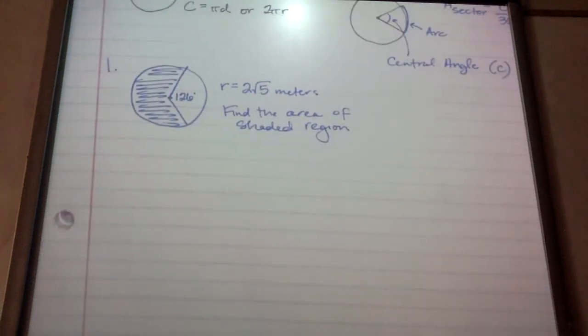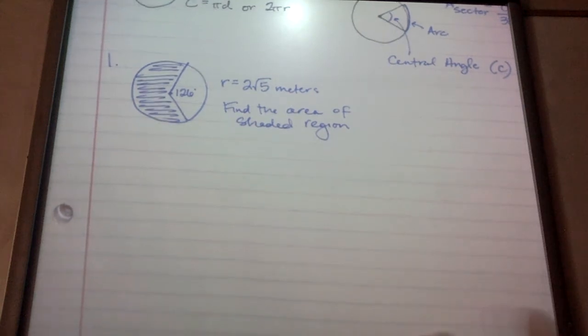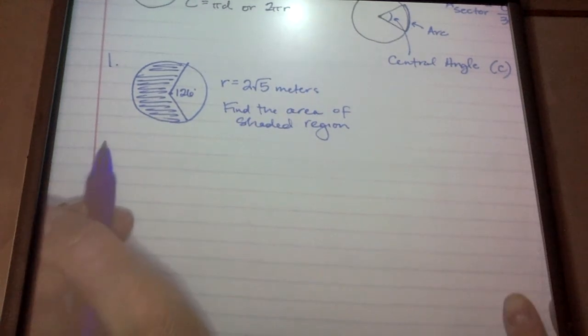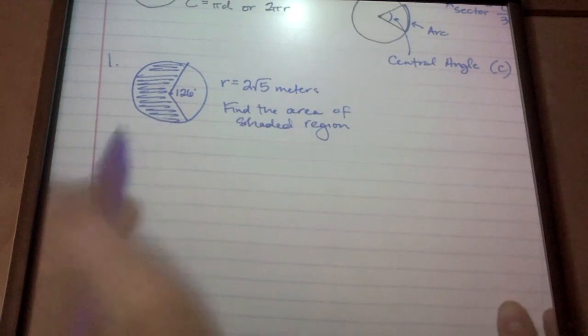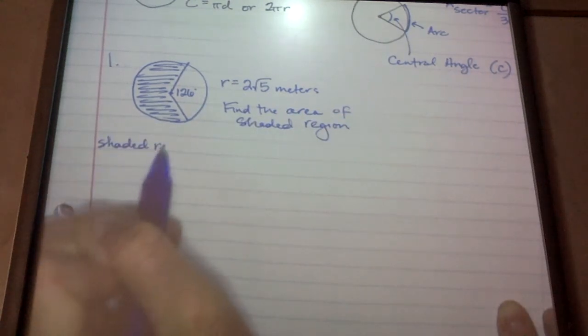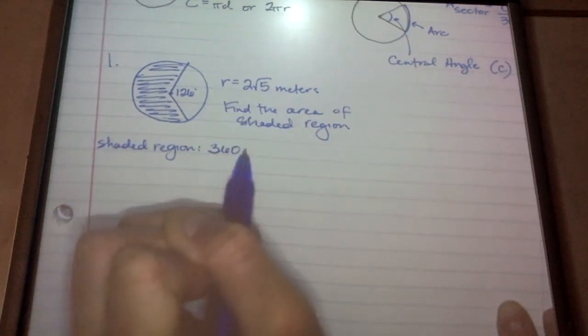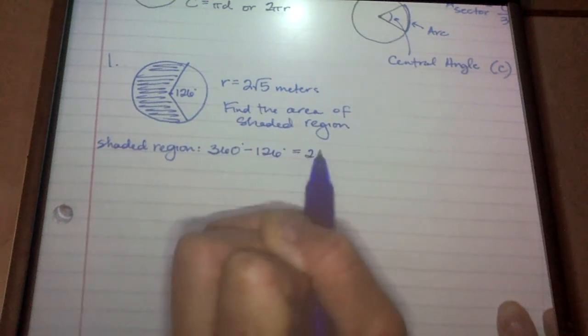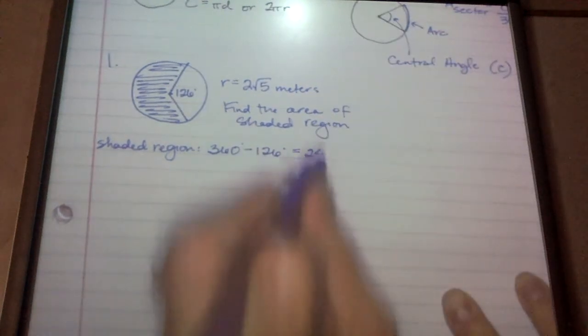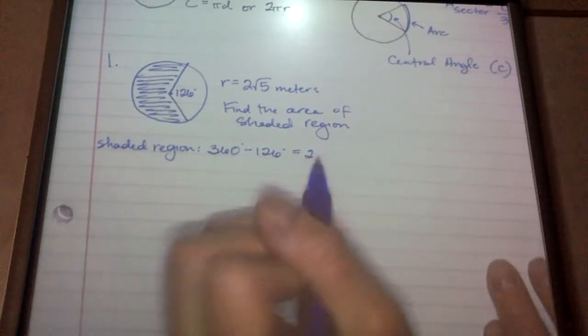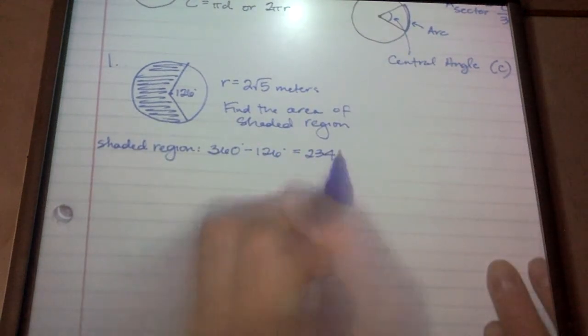Okay? So here we go. First, the shaded region is represented here. So the shaded region would be the 360 degrees minus 126 degrees, which would give me 234 degrees.